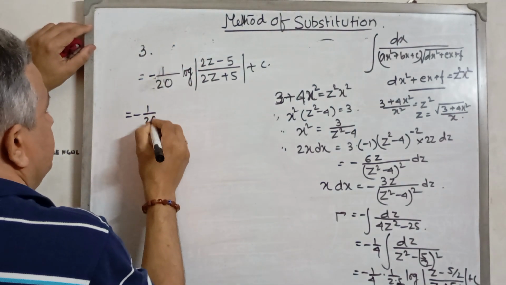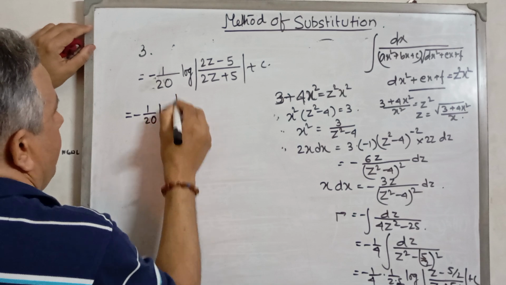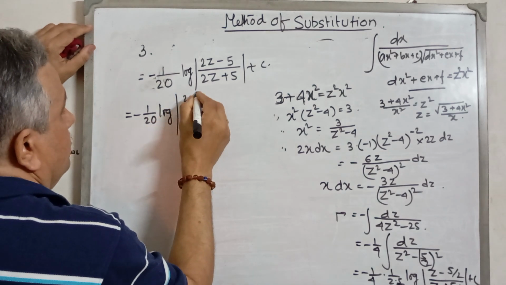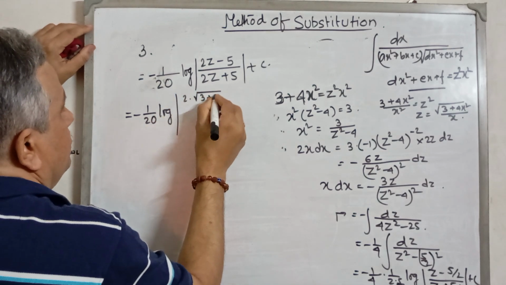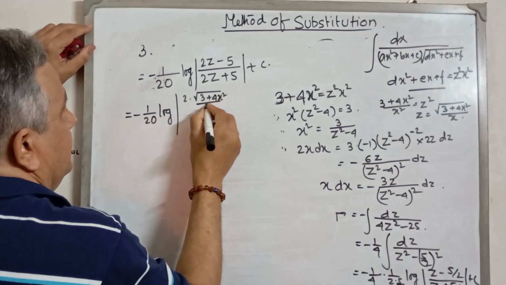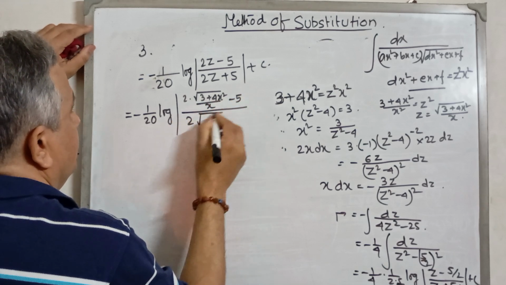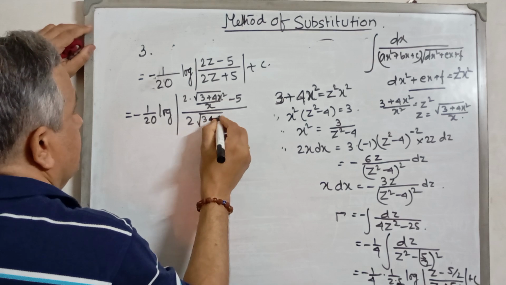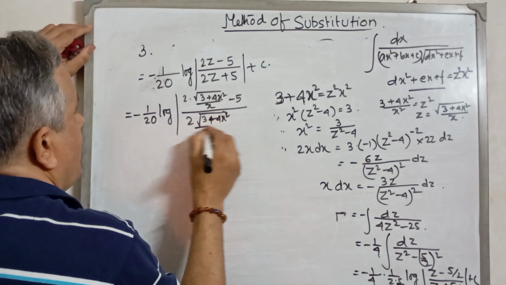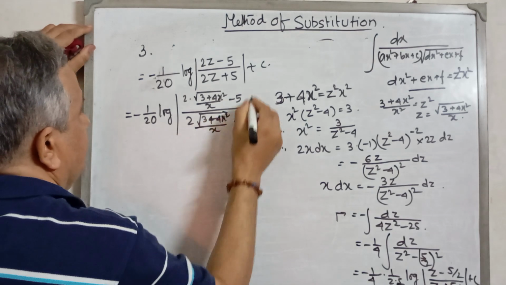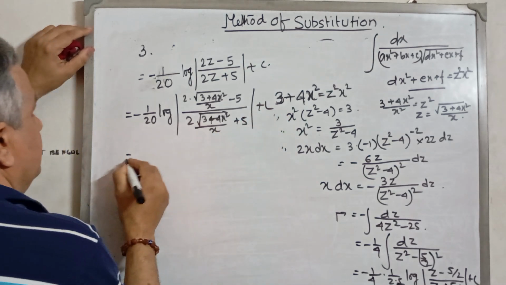Minus 1 by 20 log 2 into root over 3 plus 4x square by x minus 5 by 2 into root over 3 plus 4x square by x plus 5, plus constant.